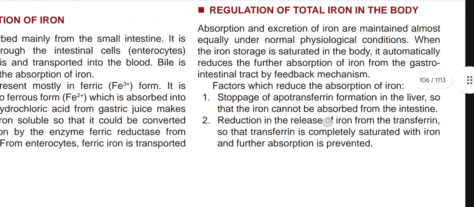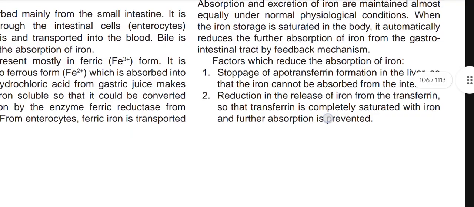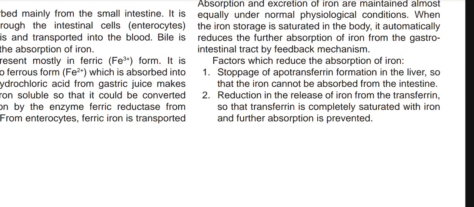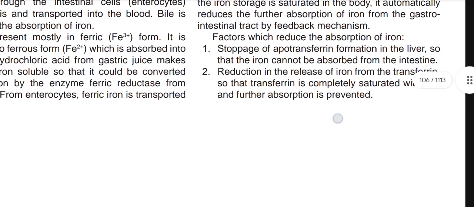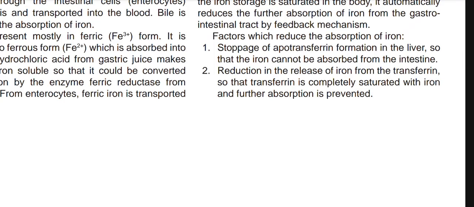When the iron storage is saturated in the body, it automatically reduces further absorption of iron from the gastrointestinal tract by a feedback mechanism. Factors which reduce the absorption of iron: stoppage of apotransferrin formation in the liver, so that iron cannot be absorbed from the intestine, and reduction in the release of iron from transferrin. So the transferrin is completely saturated with iron and further absorption is prevented.